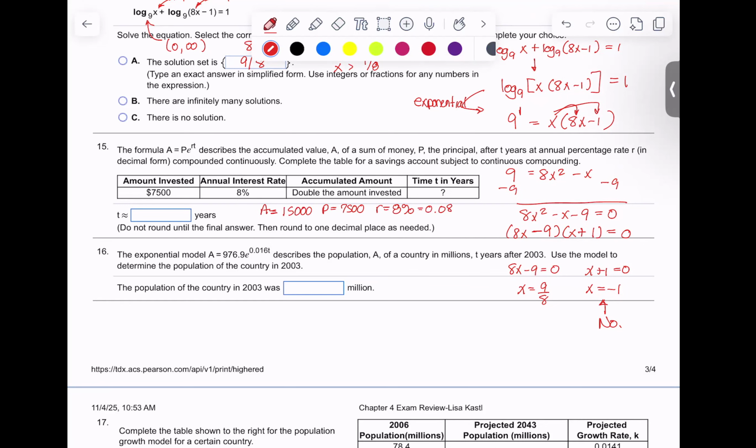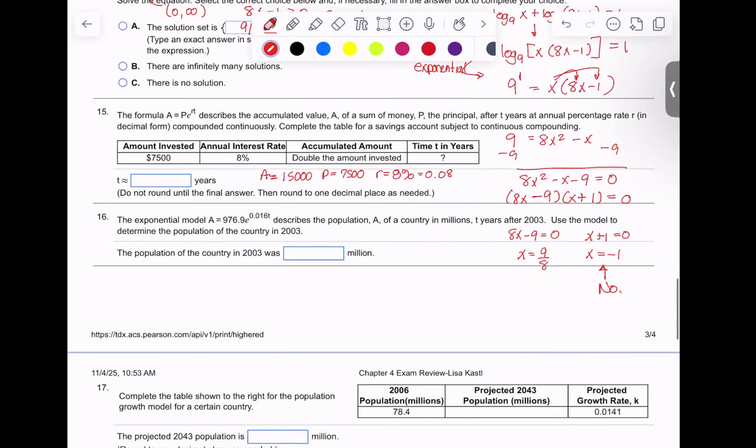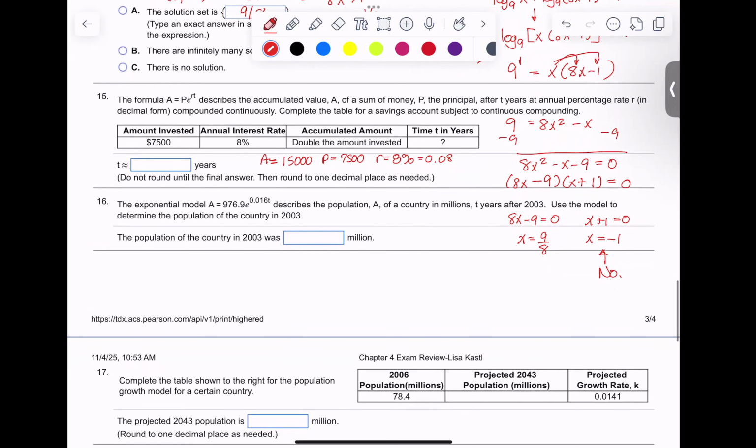And I need to know how long that's going to be. So I'm going to make those substitutions. And I know I'm all over the place on this review, but that's okay. So I have 15,000 equals 7,500 e to the 0.08 t. So I'm trying to solve for t.